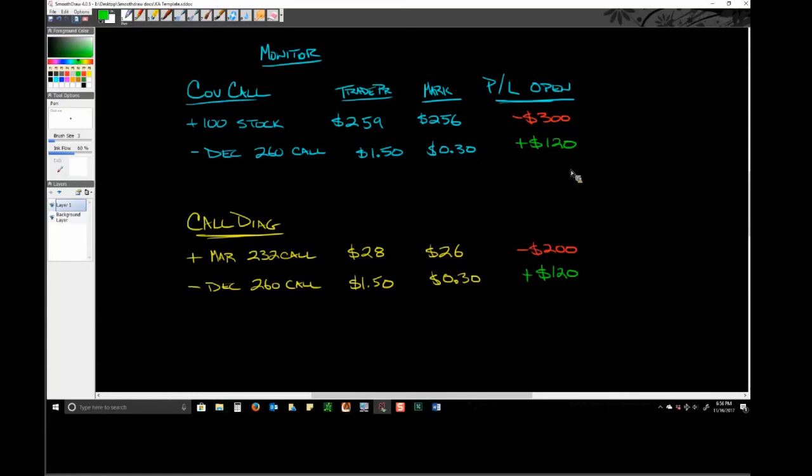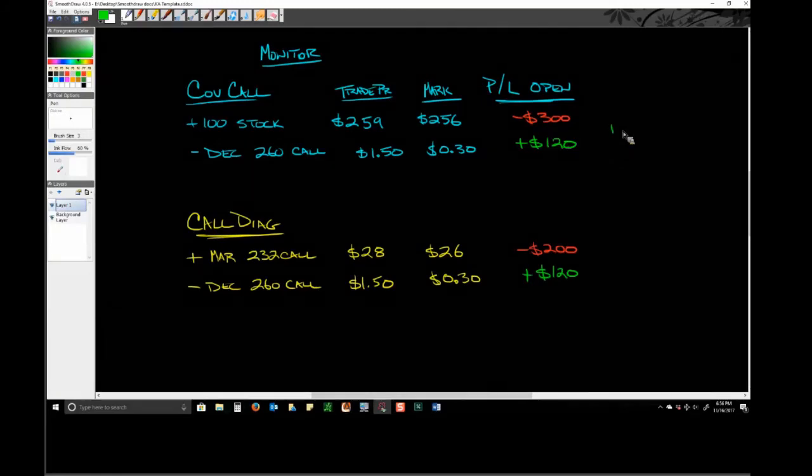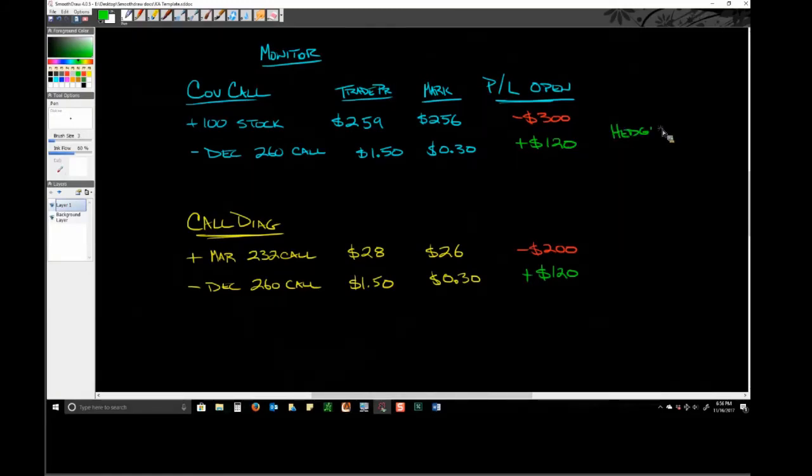This also helps you see the hedged nature of some of the trades we do: you make money on one side, but you lose on the other. This is the nature of any trade where you have offsetting legs. If it's a two-legged trade where you're long an option and short an option, they offset a little bit. That's why spread trading offers less risk than just buying or selling options outright.